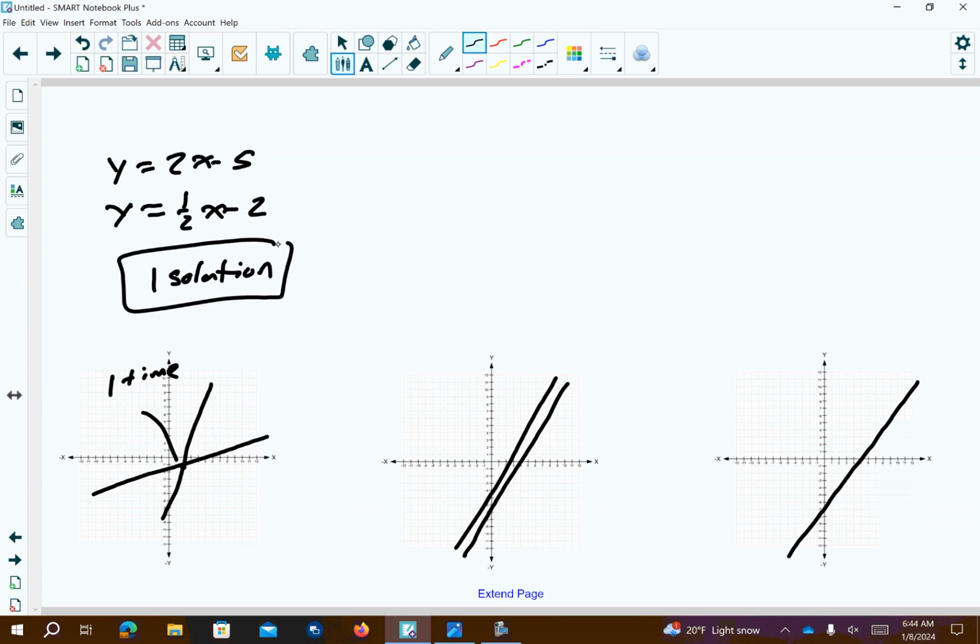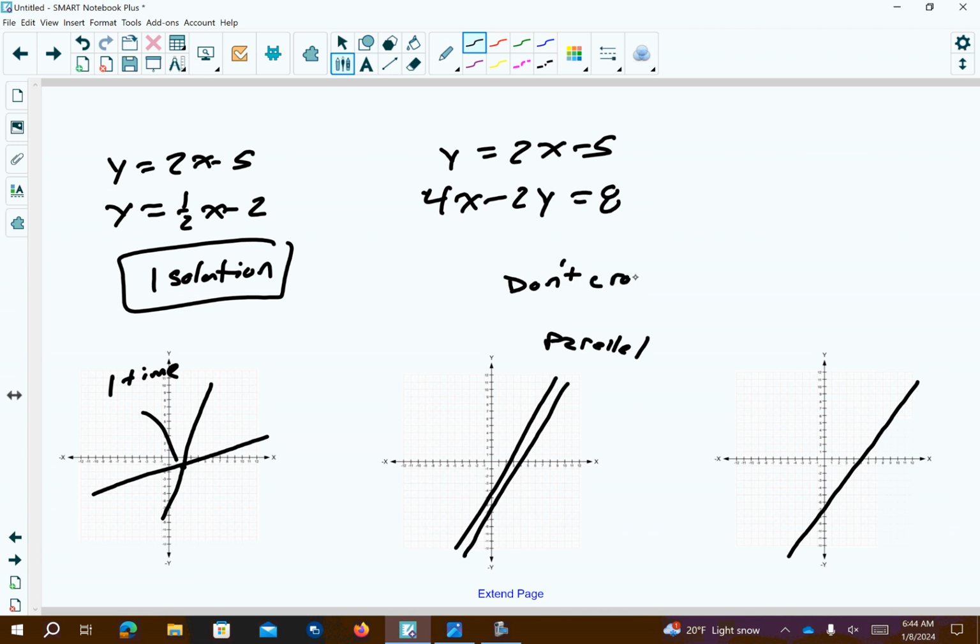We have one solution, but sometimes you might graph, and these graphs, if I had drawn them in, would look like the graphs below, which are parallel. And parallel lines don't cross. If they don't cross, that means you have 0 solutions.